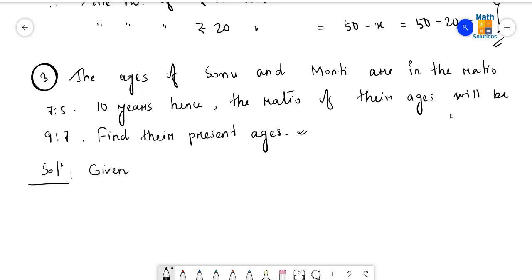Given ratio of their ages is equal to 7:5.